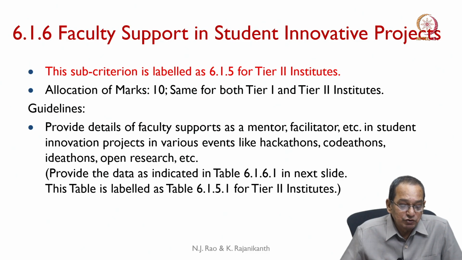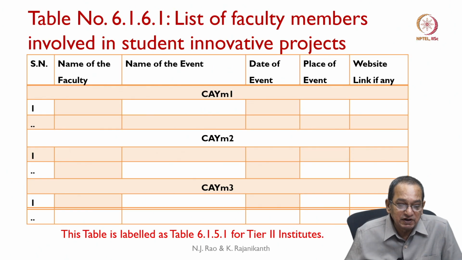So, provide those details, provide the data, who are all the faculty members, what kind of help they gave to students and in which event. So, provide data, name of the faculty, name of the event and the date of the event, place of the event, and if all this has been recorded on the website, then provide a link.